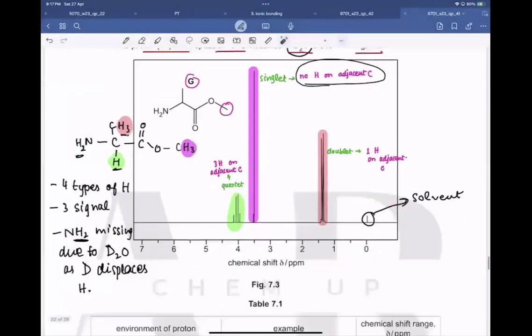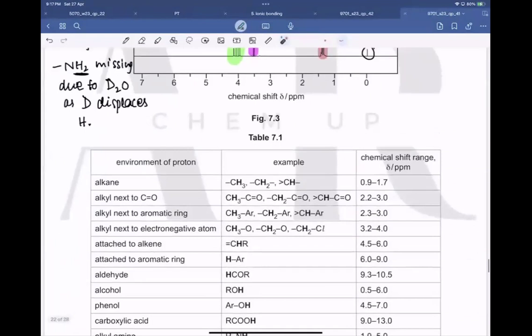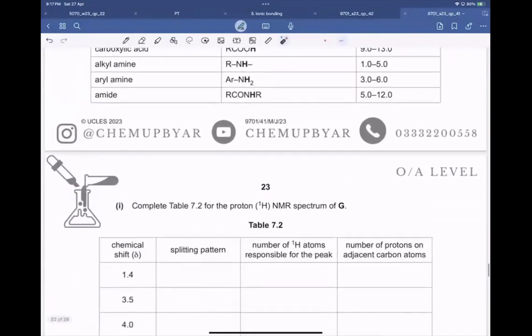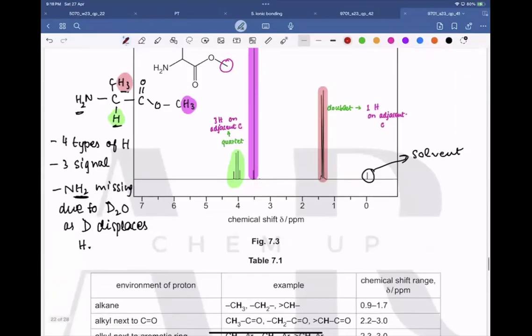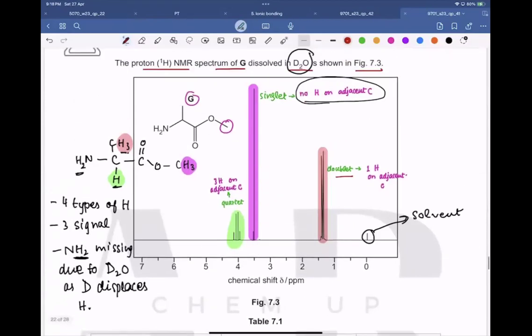So we have figured out all three types of signals. Now, they have given us the table and are asking us to complete table 7.2 for the proton NMR of spectrum G, splitting pattern. At 1.4, we have identified that it's a doublet.